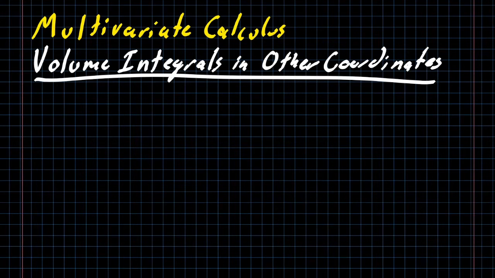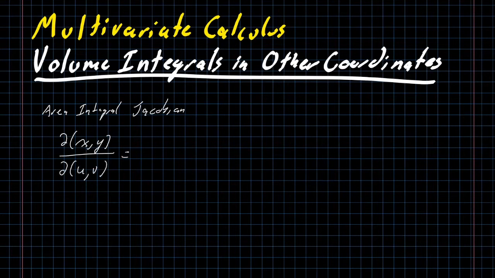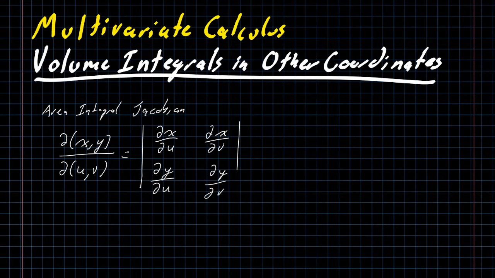For the area integral Jacobian, if we had coordinates as x and y and we wanted coordinates as u and v, we had that thing, partial of x and y over partial of u and v, given as the determinant of the matrix partial x partial u, partial x partial v, partial y partial u, partial y partial v.